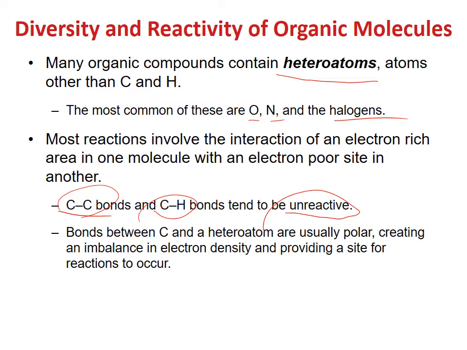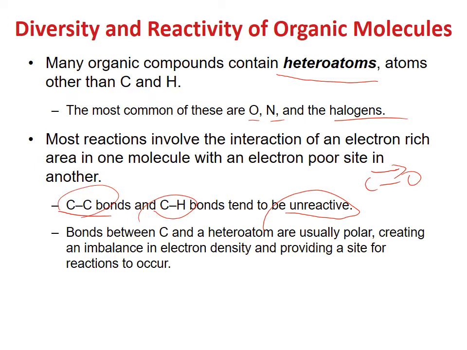On the other hand, if a molecule contains pi bonds, these are weak, and therefore they make molecules reactive. Or if a molecule contains carbon-heteroatom bonds, such as oxygen, which is more electronegative, it pulls electrons away from carbon, creates an imbalance in electron density, and provides a site for reaction to occur.